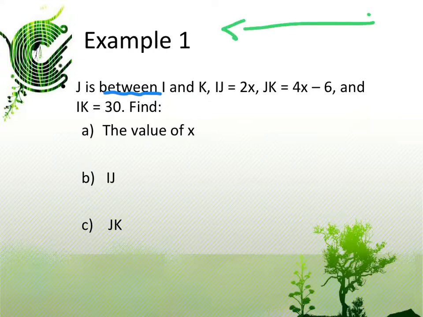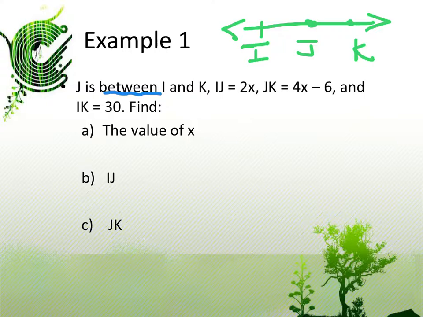I'm going to draw my line, and I'm going to put point I first because J is in between. So I'm going to put point I, then point J, and then point K, because it stated that J was in between I and K.